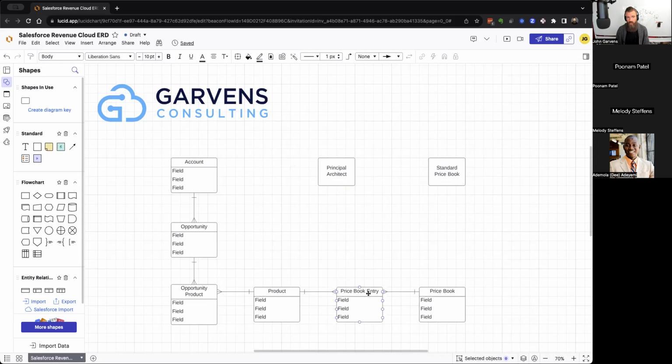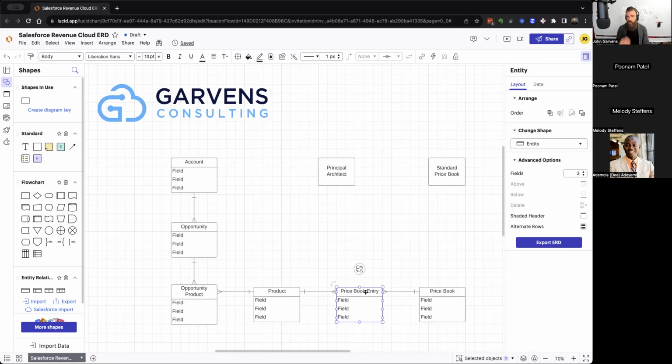But I need that third object created. I still don't know what's the price. A mistake that I see quite a bit is that customers will create some sort of custom currency field or something on the product record itself, which is a whole other can of worms. Don't do that. Bad idea. The price book entry is how we determine the price of products. Because what happens if I start selling in 120 currencies?